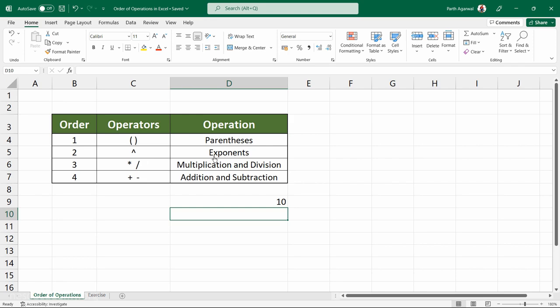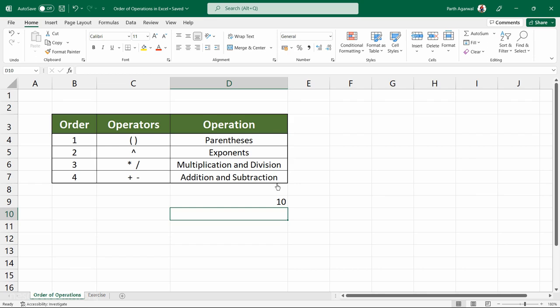After exponents, the operators that come next in the list are multiplication and division, multiplication being the asterisk sign and division being the forward slash. And finally, the operators that come last in this list are addition and subtraction. So here we have the order of operations.